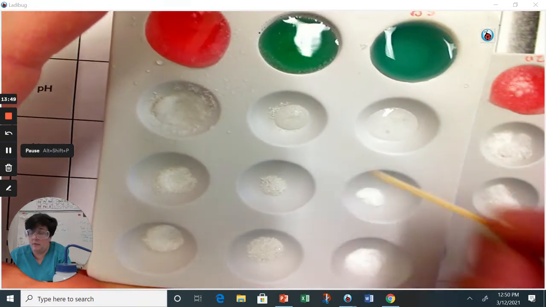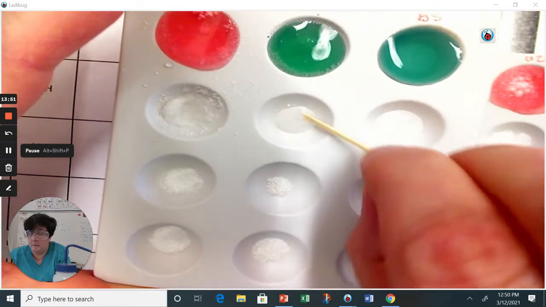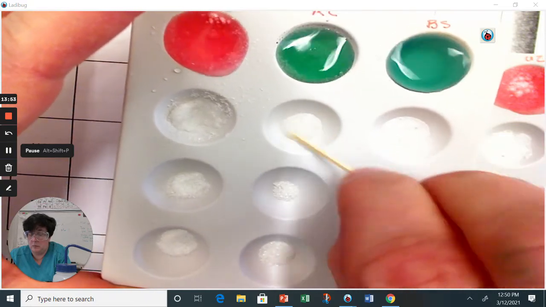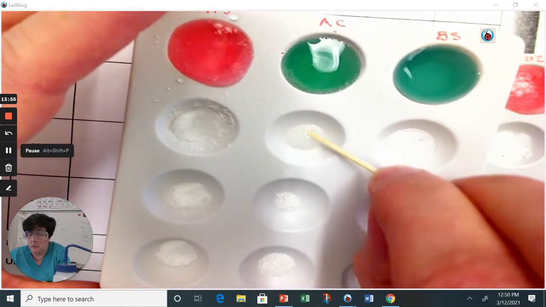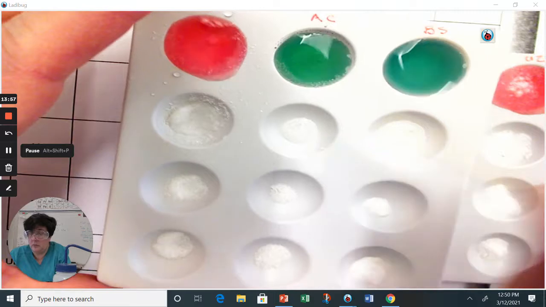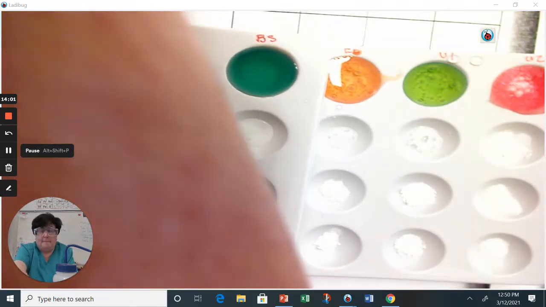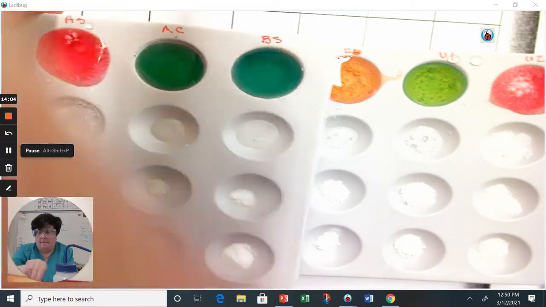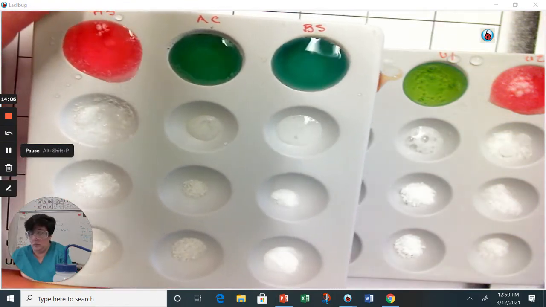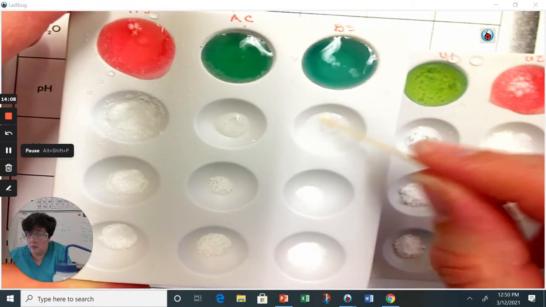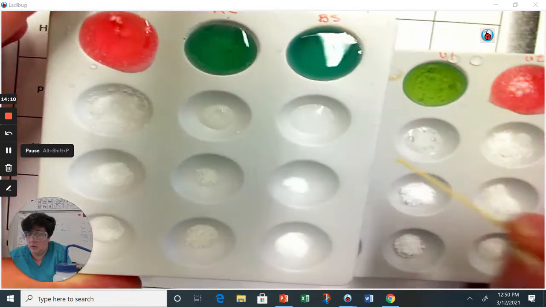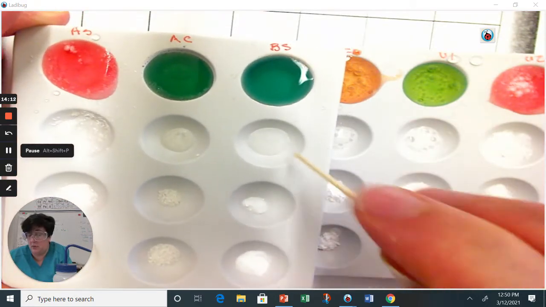I'm flipping over my toothpick. Remember when we first added the acid, that bubbled.